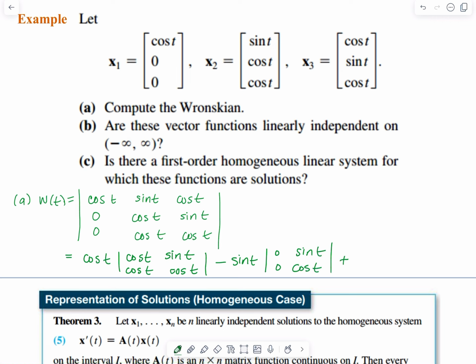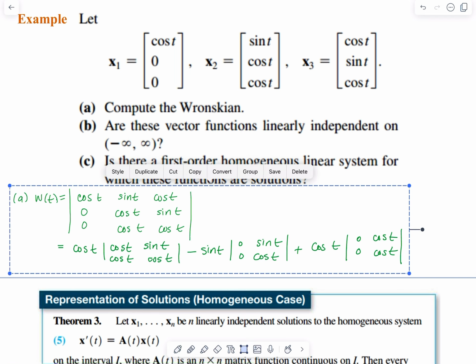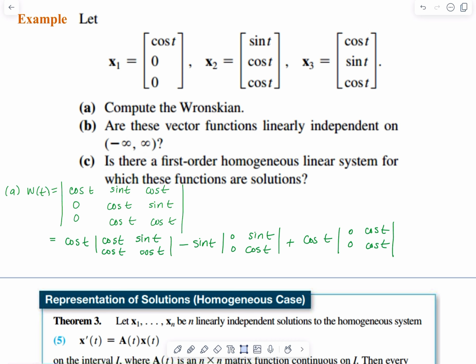And we can clearly see that it is just going to be equal to that first cosine of t multiplied by, and that's equal to the cosine of t multiplied by cosine squared t minus sine t cosine t.